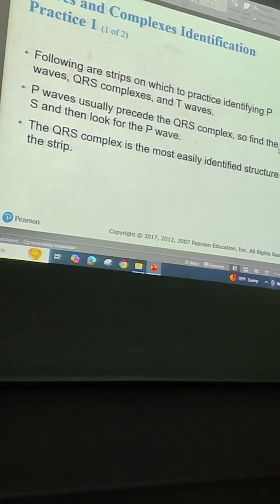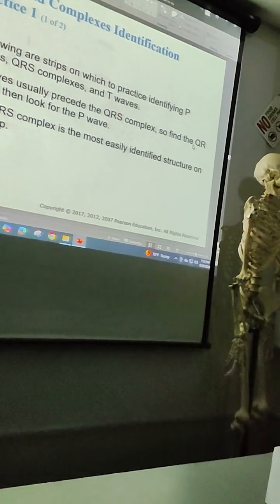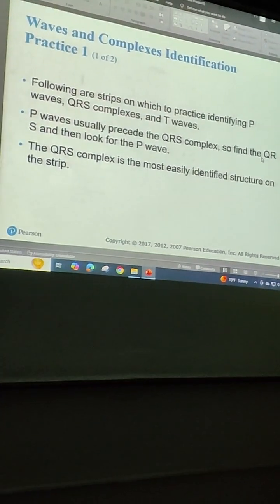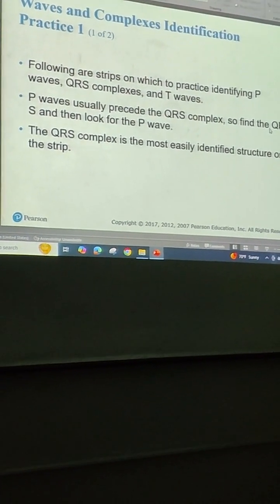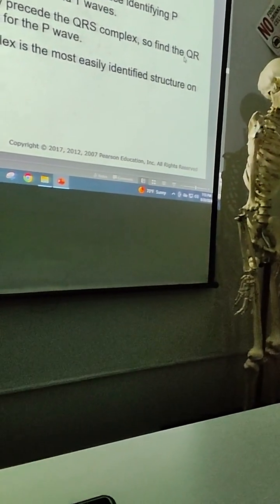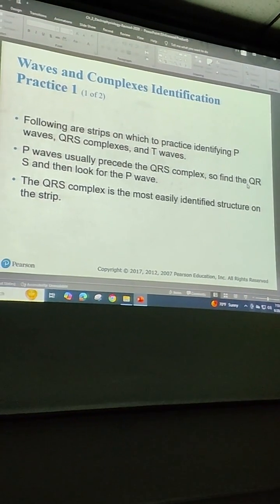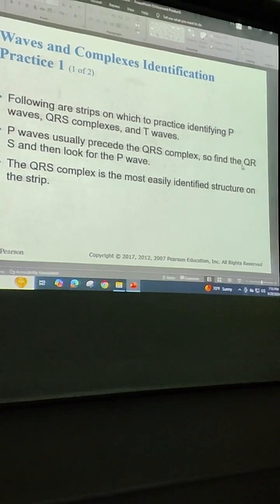PQRST. So when we see the P, what part of the heart is being represented by P? Atria, contraction, depolarization.